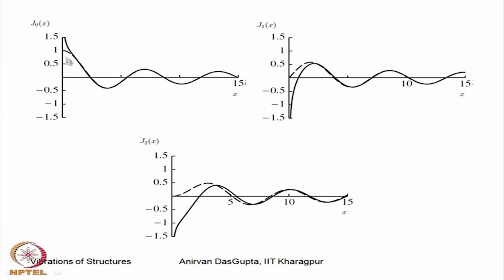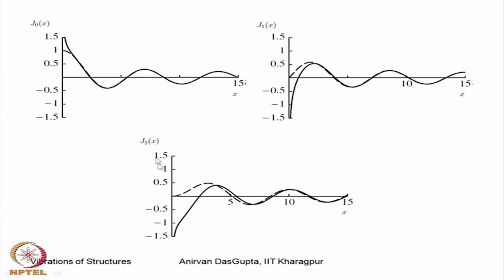You can see here, for example, the solid line and the dashed line are almost indistinguishable, but we are interested in this approximation only to find out the roots of the Bessel function. For J 0 we expect the approximation to work very nicely, even starting from the first root, whereas for J 1 there is slight error in the first root, but from the second, third and fourth, etc., these are very good.